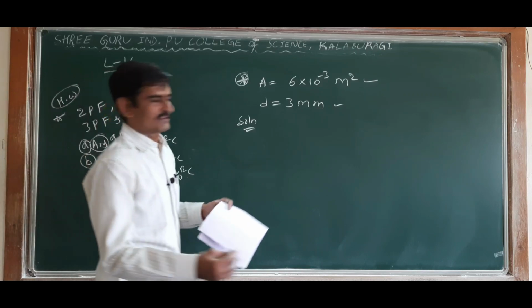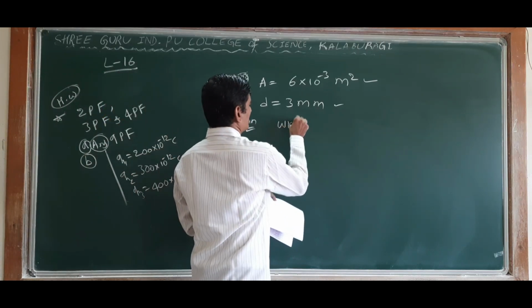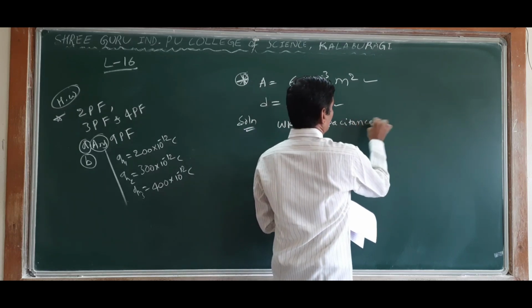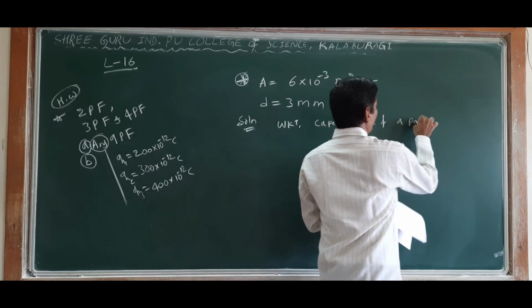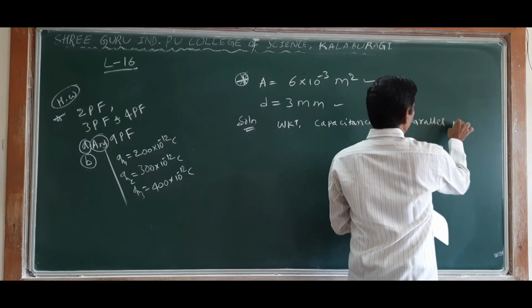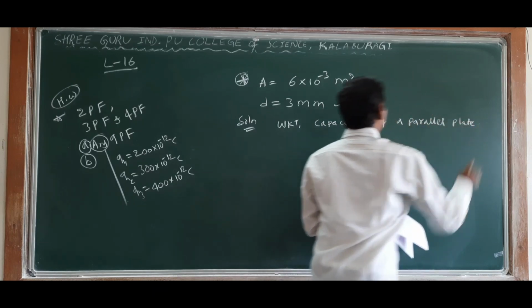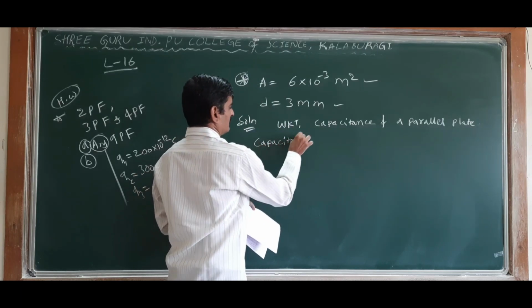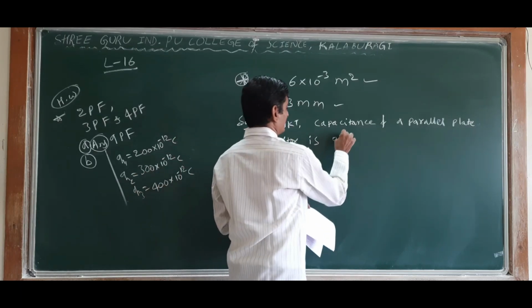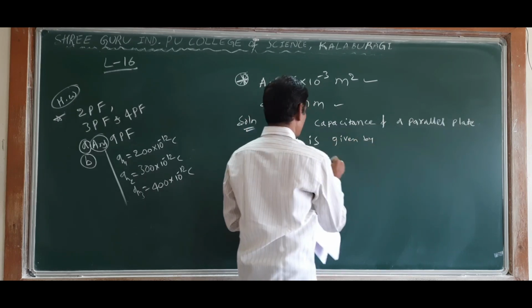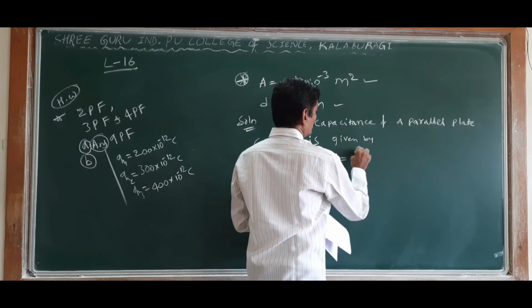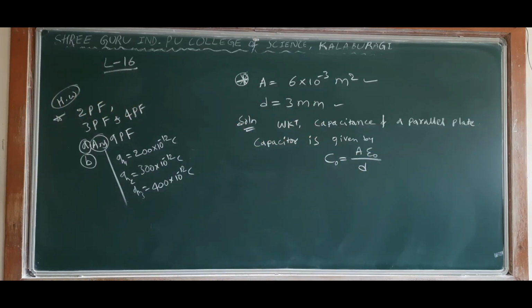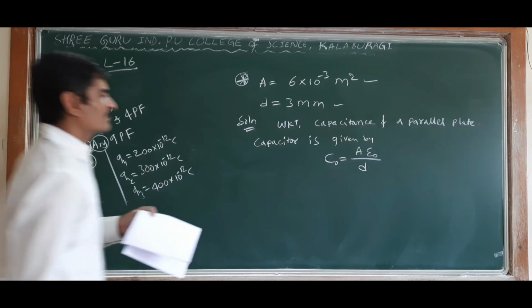To calculate the capacitance, we know that the capacitance of a parallel plate capacitor is given by C naught is equal to A epsilon naught divided by D. That is when the air medium is there.